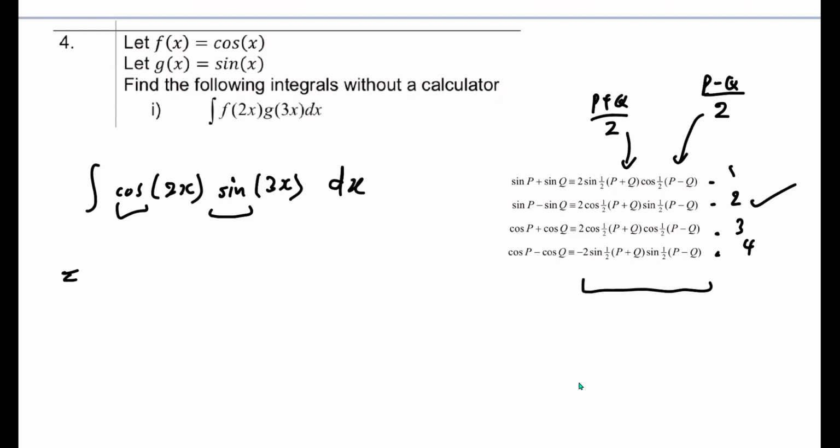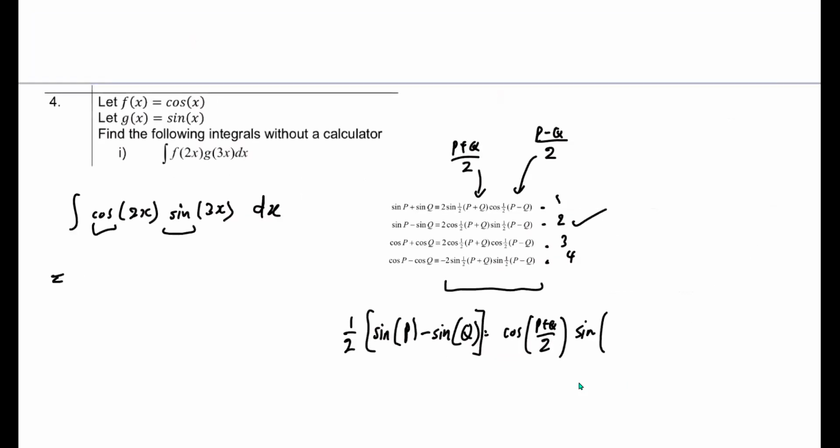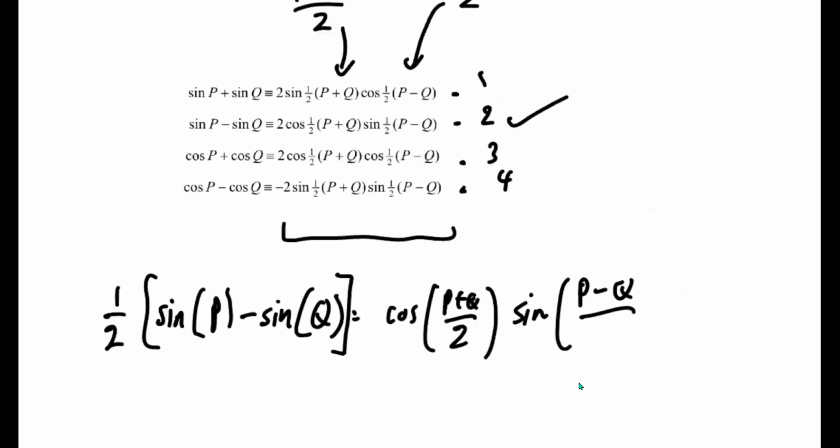So we're going to look carefully at this second formula. We have sine p minus sine q equals 2 times, right? I'm just going to bring the 2 over, so I get half square bracket around the whole thing, then times the cosine of p plus q over 2 times the sine of p minus q over 2, like this. The key trick is, how do you get p?